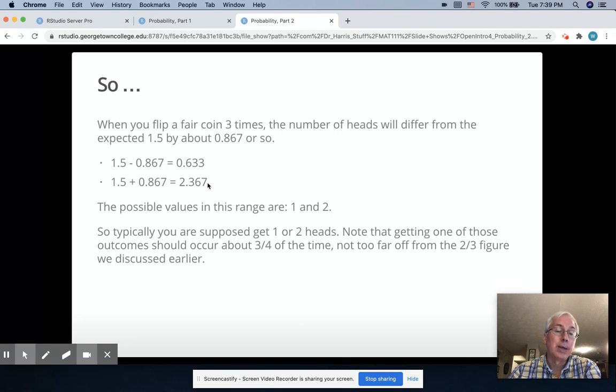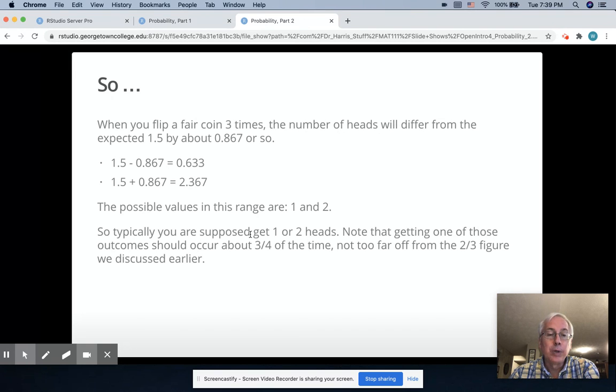And so what we're saying is that typical values for x should be between 0.6 and 2.4. And 1 and 2 are the values that are between these two numbers. So we say typically we should get 1 or 2 heads in 3 flips of a coin. And let's just recall that one of those two outcomes together would happen 3/4 of the time. And that's not too far off from the 2/3 figure that we had in the previous chapter.